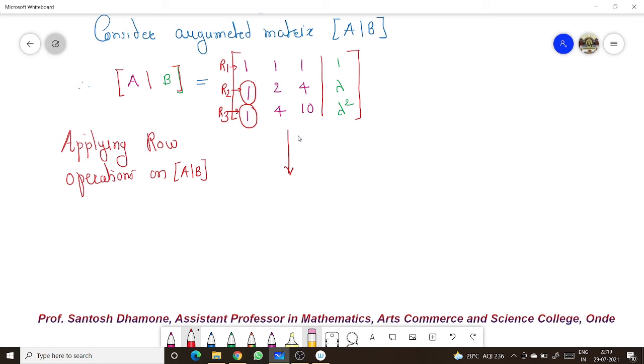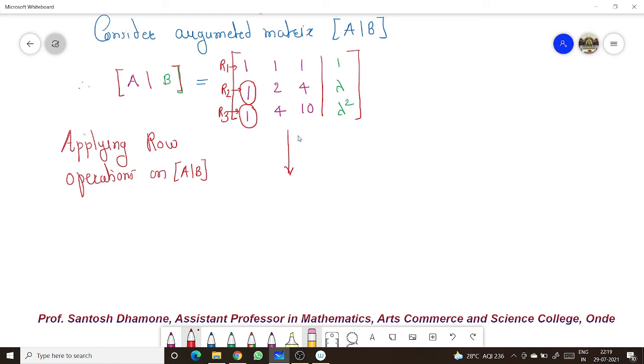This is the augmented matrix. Now we apply row operations on this matrix: row 1, row 2 and row 3. Using row 1, we make this entry 0, and also using row 1, we make this entry 0.